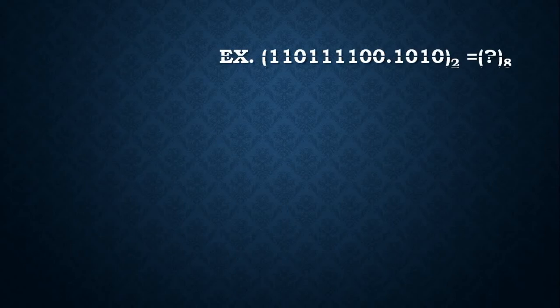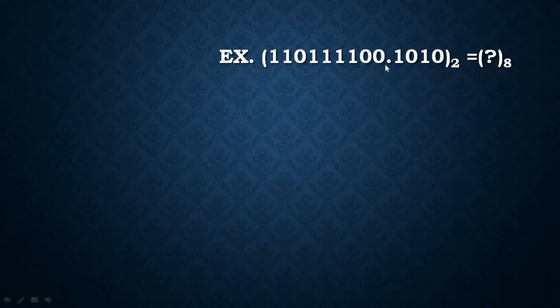Now we take another example. Here we consider the binary point. When the binary point is present, we have to make the groups on both sides. First we go to the left side for the integral part, and for the fractional part we go to the right side.